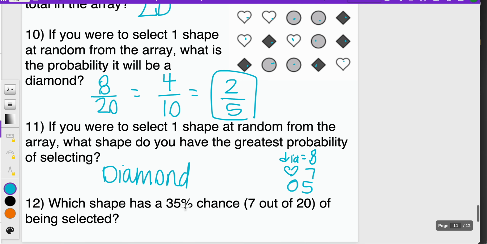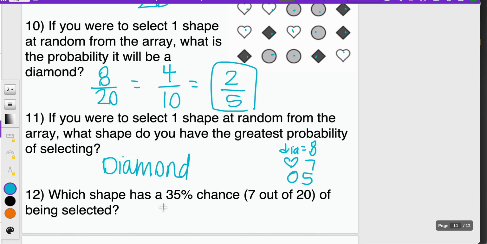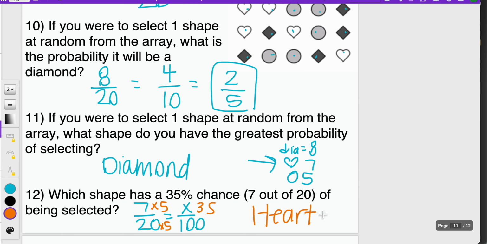What shape has a 35% chance, which is 7 out of 20, of being selected? And since we just counted, hearts are 7 out of 20, which is 35%, because if we set that equal to a percentage like this, 20 can go into 100 5 times. So 7 times 5 gives us that 35%. So we would say hearts is the shape we're looking for.